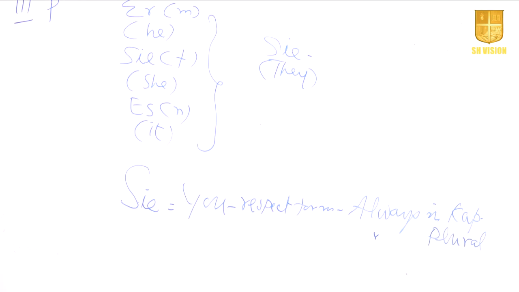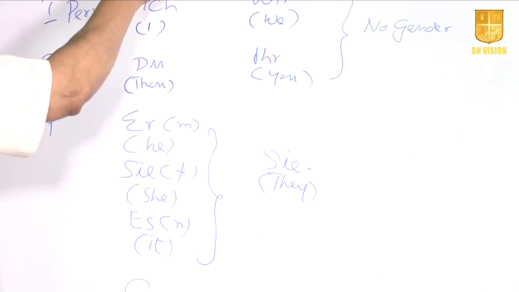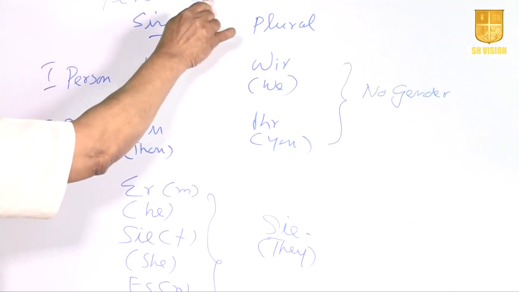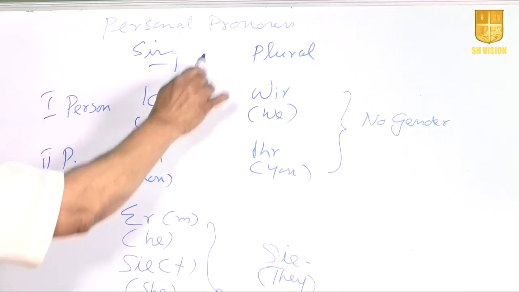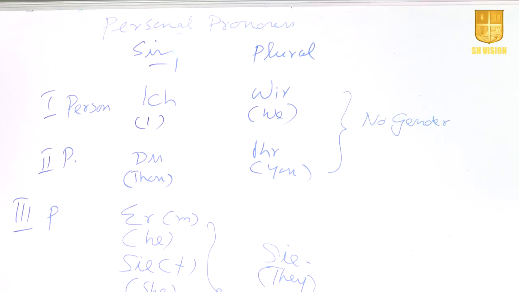So ich, this is the personal pronoun. As I said, there are different types of pronouns. Personal pronoun, demonstrative pronoun to show something. Then interrogative pronoun, to ask a question, that is a pronoun which is to be declined. Then relative pronoun, to relate two sentences, you use another form of pronouns.